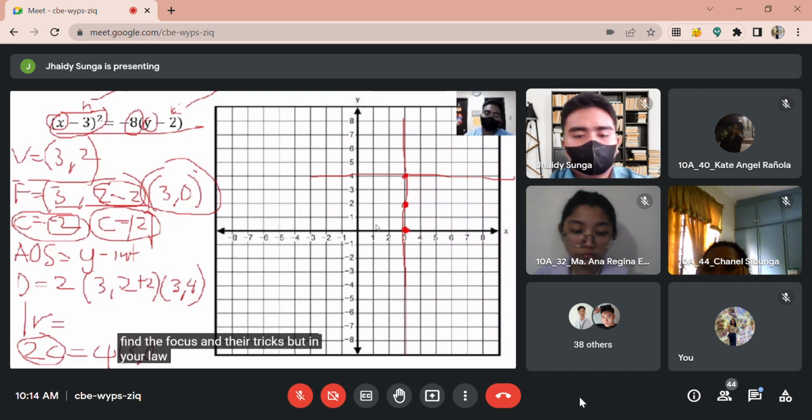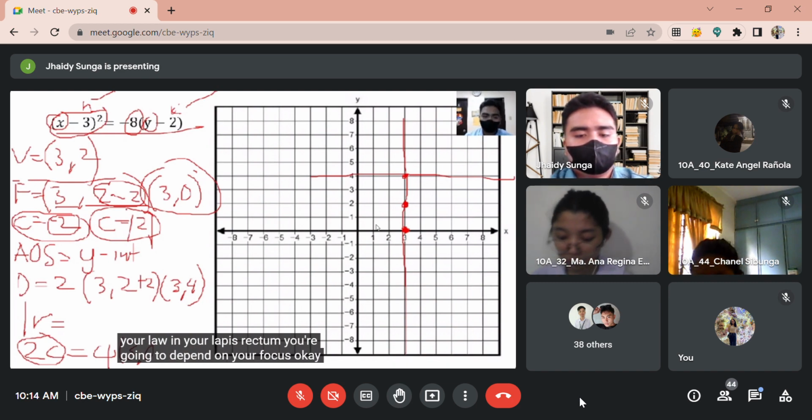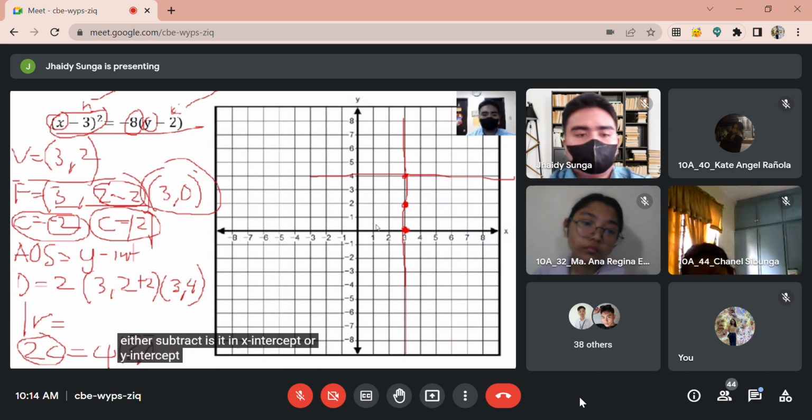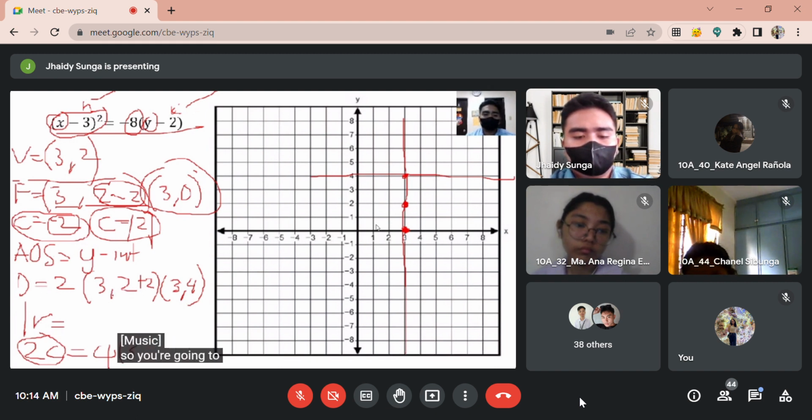But for your latus rectum, you're going to depend on your focus. So the question is, where are you going to add or subtract? Is it in x-intercept or y-intercept? You're going to depend on x-intercept. Okay, so you're going to add 4, because the value of 2c is 4.